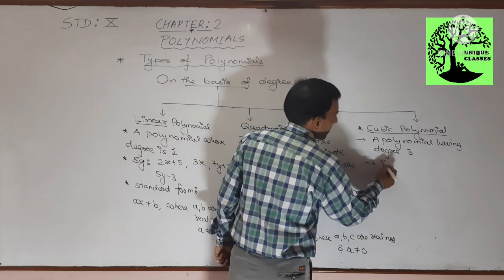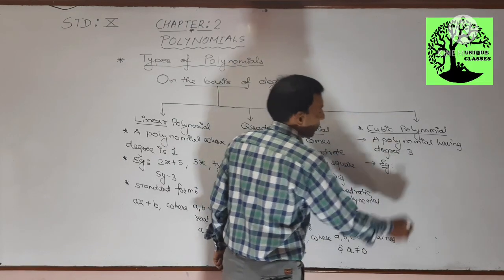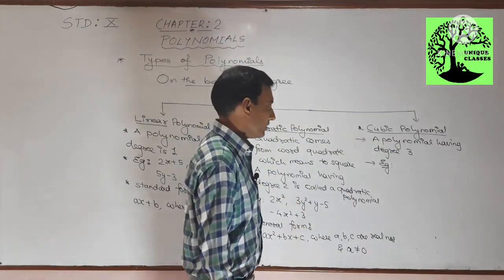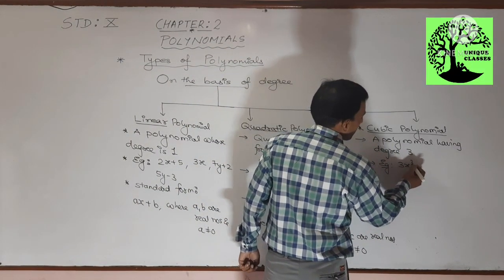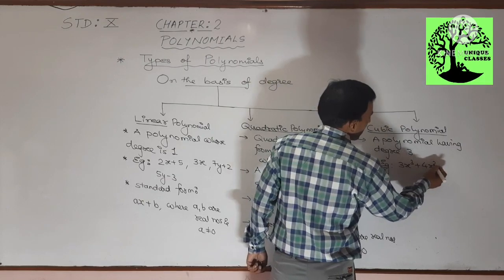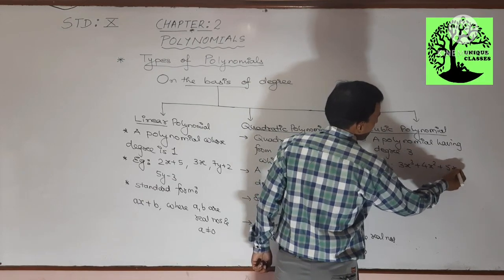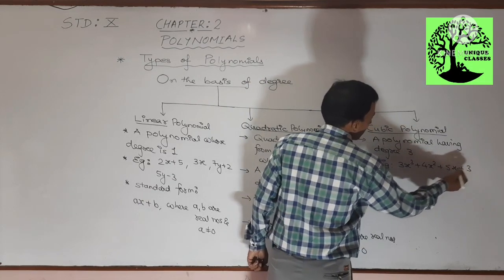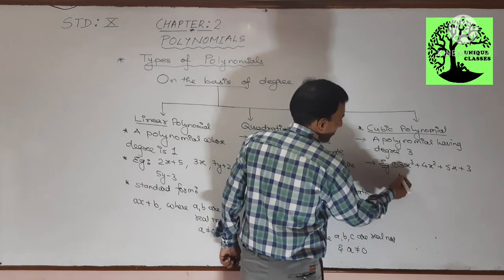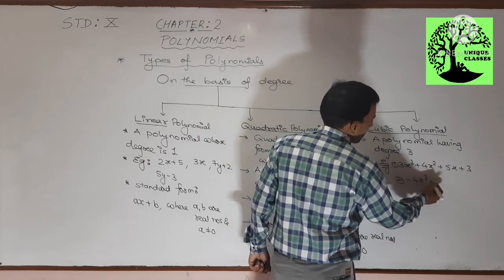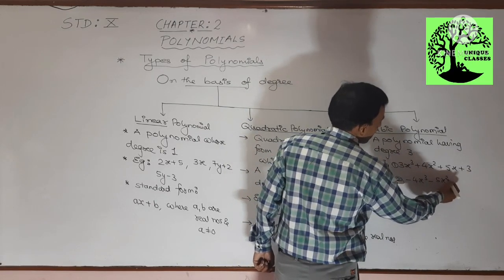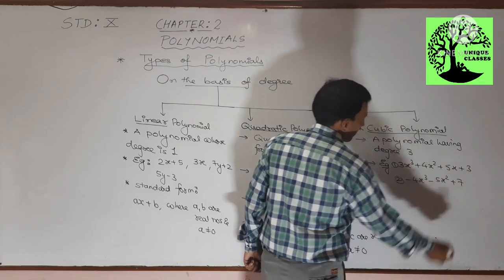Let us learn with a few examples. Examples: 3x cube plus 4x square plus 5x plus 3. This is one example. For the second example you can write minus 4x cube minus 5x square plus 7.